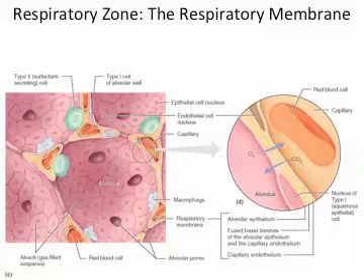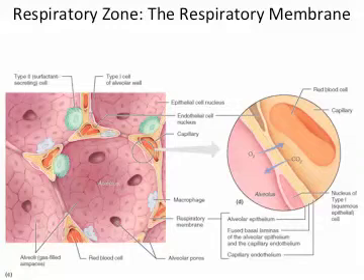And then you see those pink polyhedral shapes in the alveolus. Those are actually type 1 alveolar cells, and that's where gas exchange occurs. That's where oxygen and CO2 can diffuse across these type 1 alveolar cells to get into the alveolar capillaries.